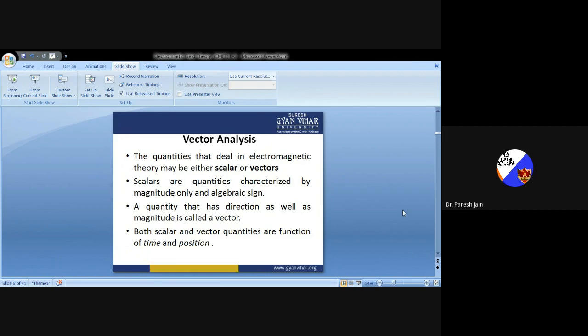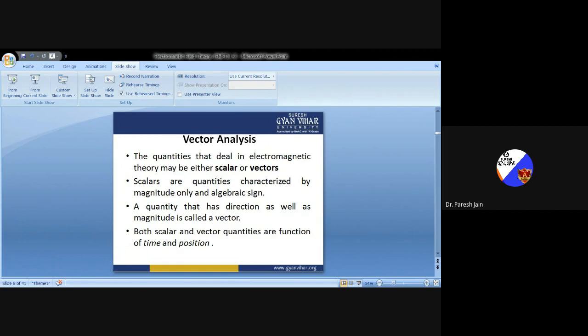The quantities that deal in electromagnetic theory may be either scalar or vectors. Understand? In electromagnetic field theory, we only deal with scalar and vector quantities. All quantities are either vector or scalar.